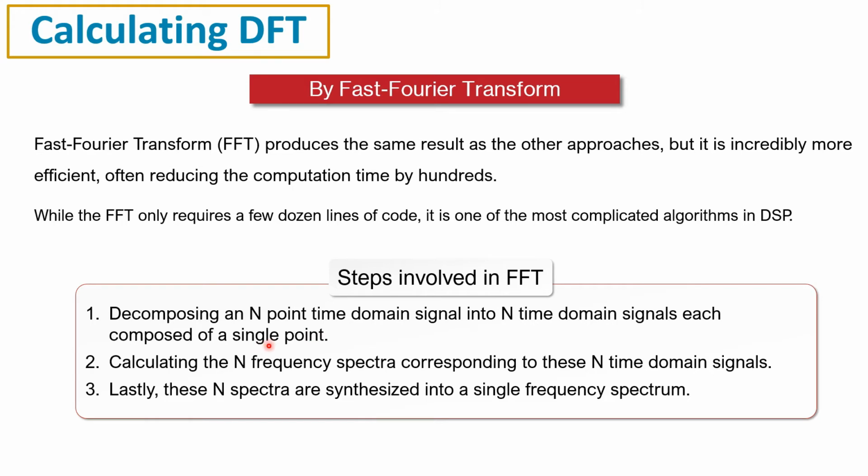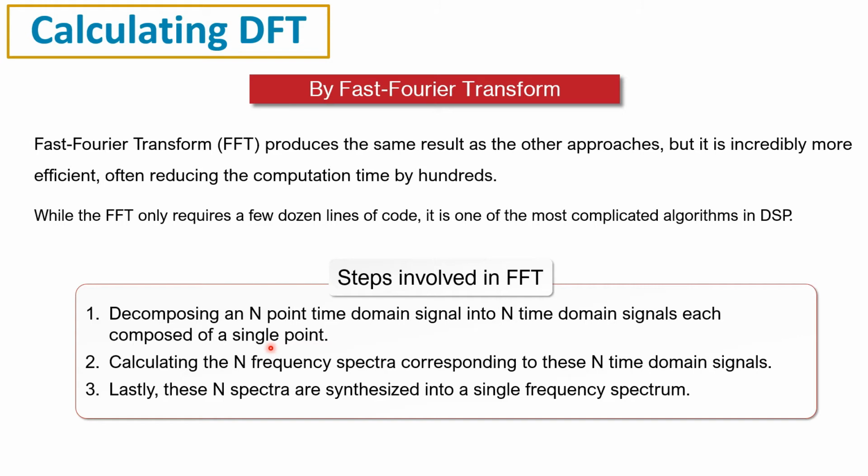So first step is decomposing, and second one is calculating the frequency spectra of each of those single point time domain signals. Okay, so when we decompose an n-point time domain signal into n time domain signals, each of those consisting of one single point, each of that will actually act as a time domain signal.